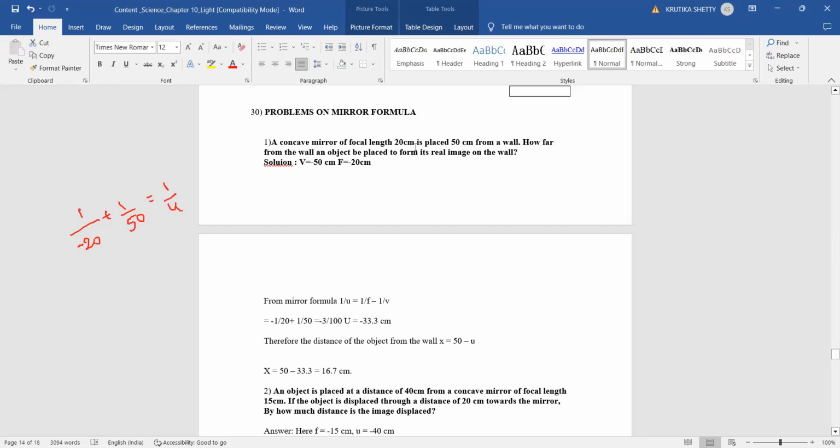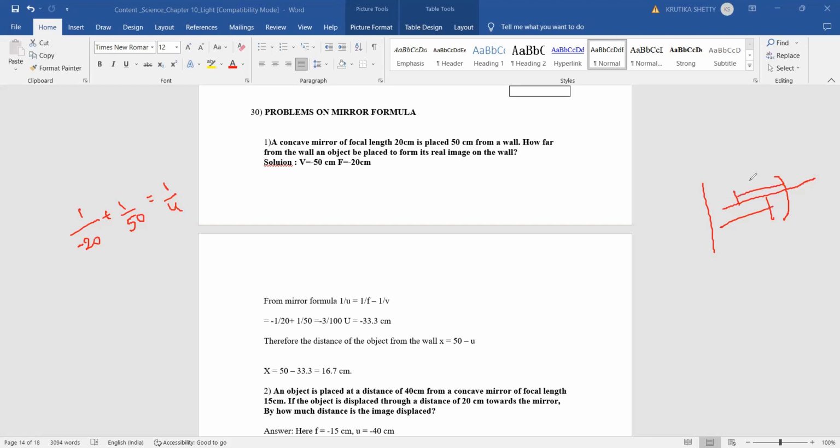See, what is said in the question: whatever it is, it is placed 50 centimeters from a wall. Therefore, the total distance between the wall, suppose this is a wall and here the mirror is placed, but you have the image at 50 centimeters from the wall. What is the object distance they asked?